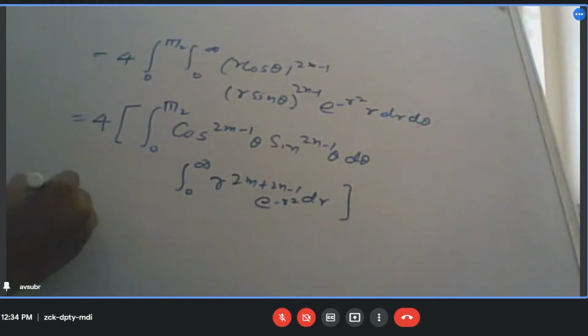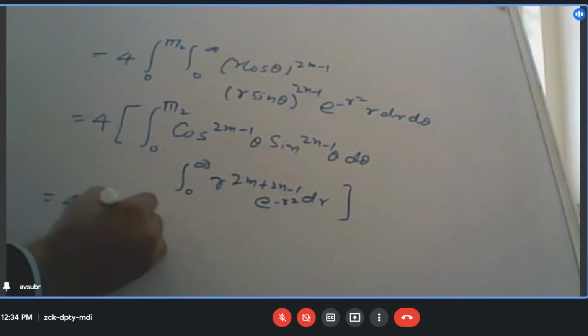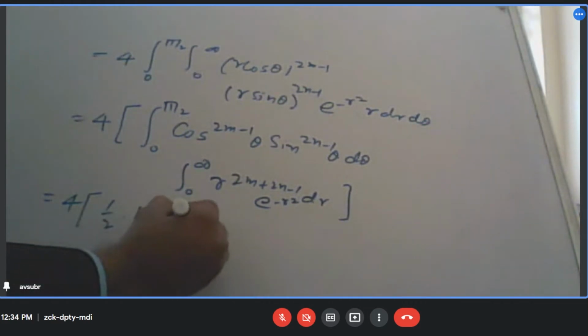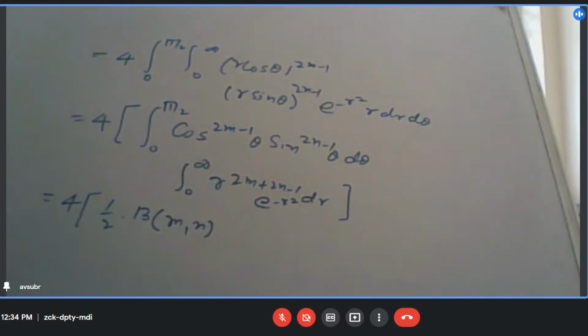So I can write 4 times 1/2, this is beta function. Beta mn, I can write down nm, but nm is equal to mn. We know it, na?